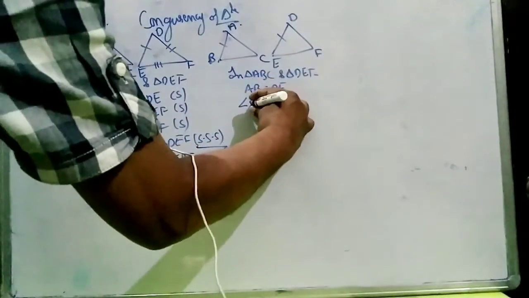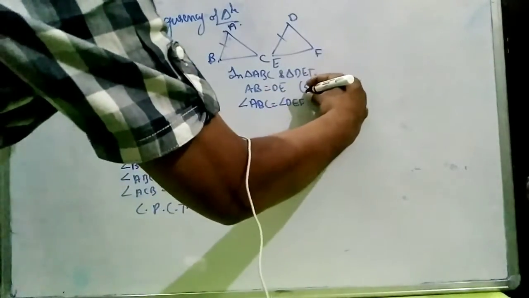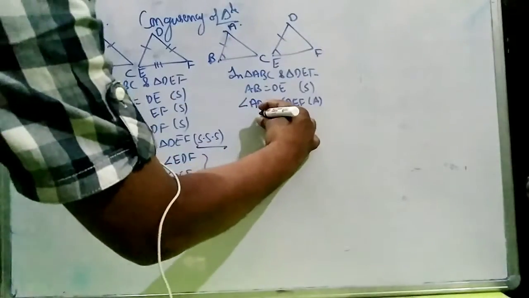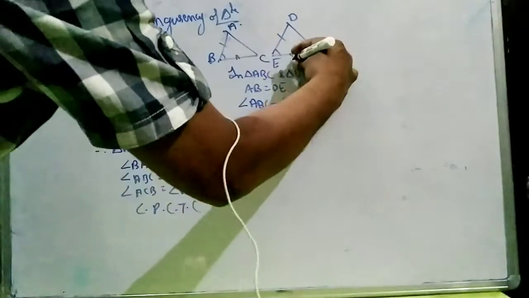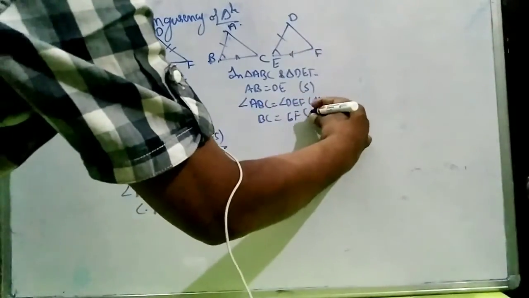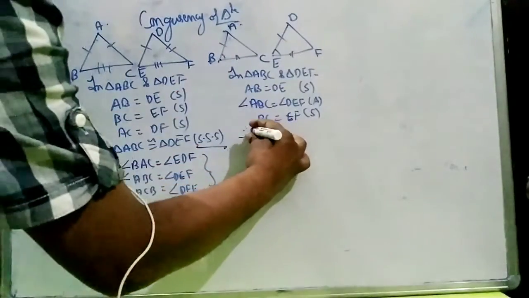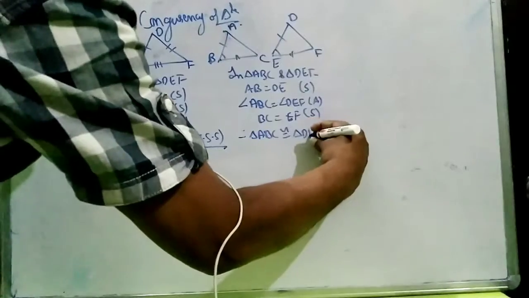Angle ABC is equal to angle DEF. This was the side. Now these two angles are equal, this angle is equal to this angle. The side BC is equal to side EF, again a side. In this condition also we can say that triangle ABC is congruent to triangle DEF.